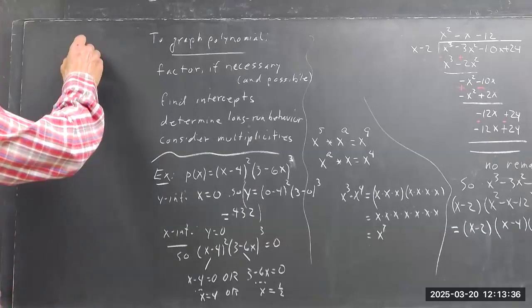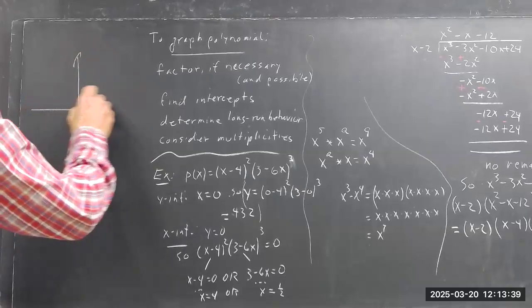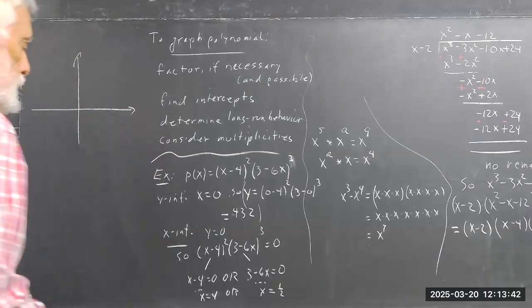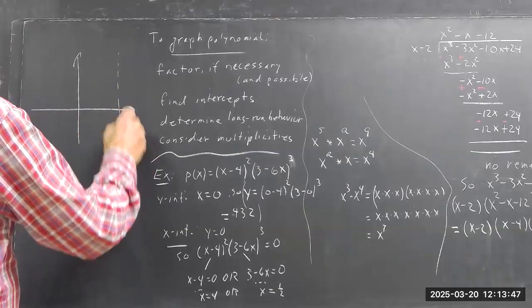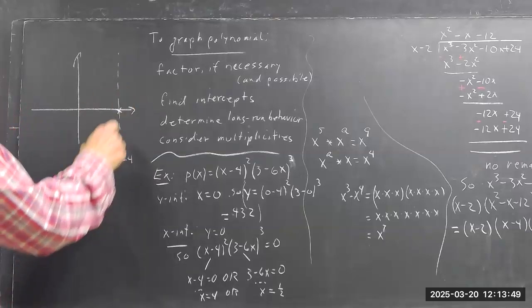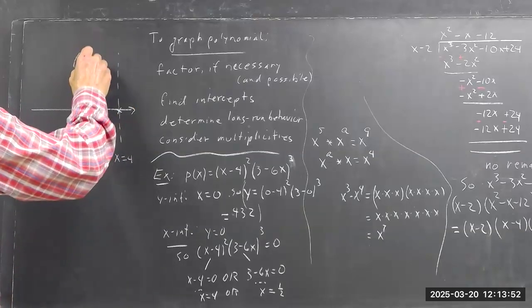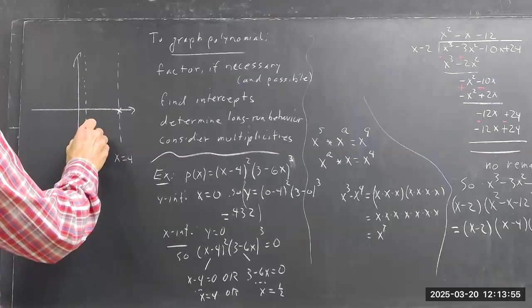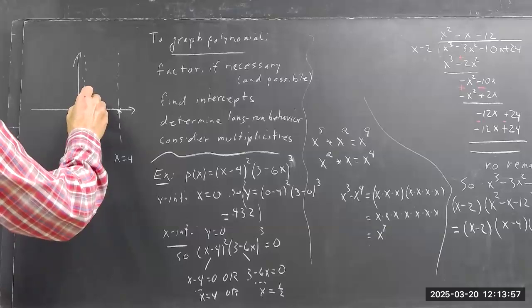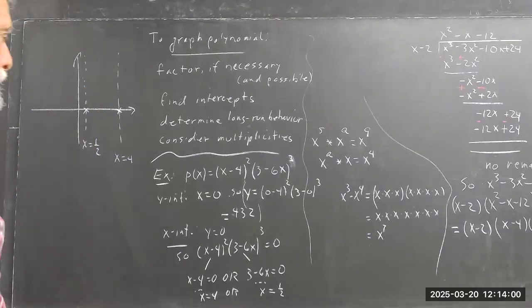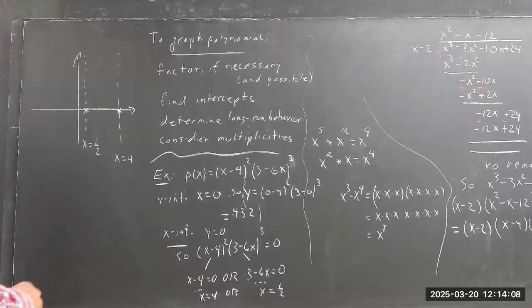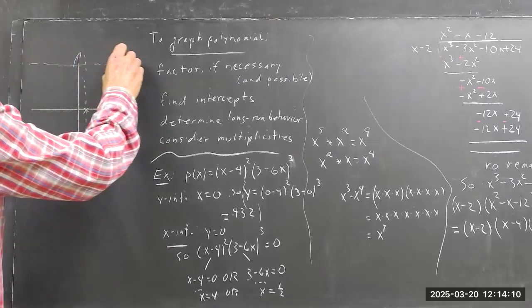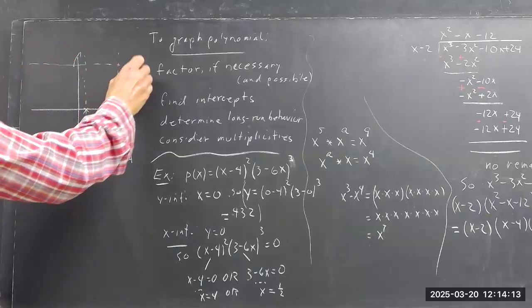So now I know quite a bit. I know that when x equals 4, it touches the x-axis, and when x equals 1/2, the graph goes through the x-axis. I also know it goes through the y-axis at y equals 432.